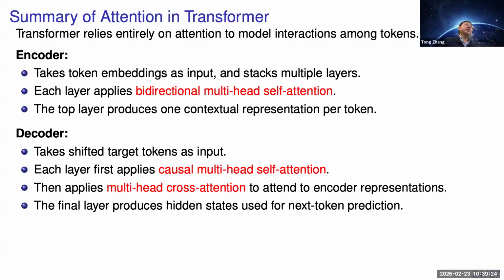Decoder, you have inputs, right? The outputs when you do the training are always shifted by one token. That's the same for all the sequence models you have seen, LSTM, RNN, transformer. They all use the same representation. You shift by one token as output and inputs. Each token first applies self multi-head attention. Then you apply that in sequence, so you apply two times. They don't mix that together.